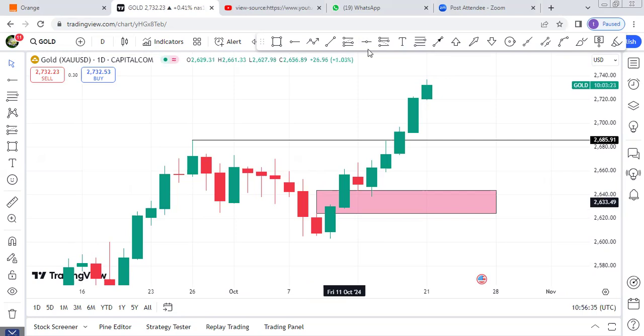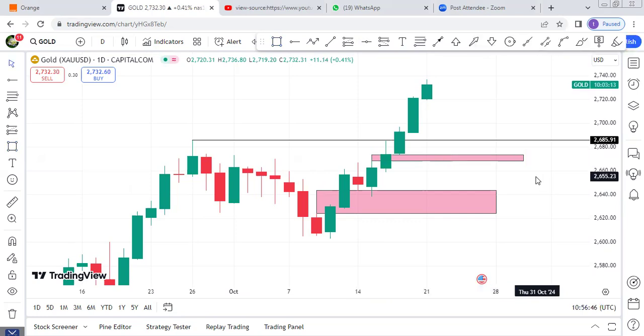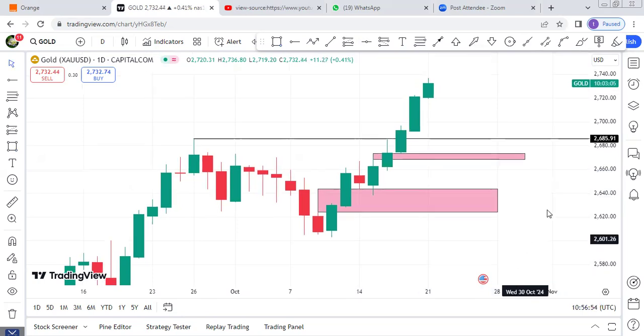I know most of the people who are trading gold in this scenario are looking for gold to come and fill this gap here around 2673. We should still expect a pullback on that level, but the main structure that we want to see gold taking out is this area here on the daily time frame.